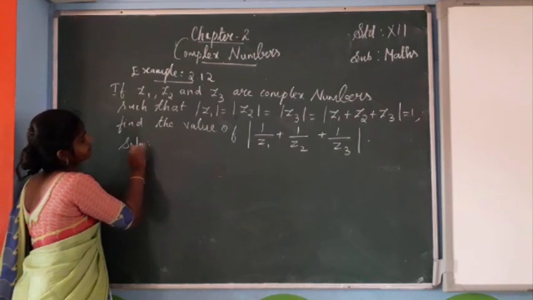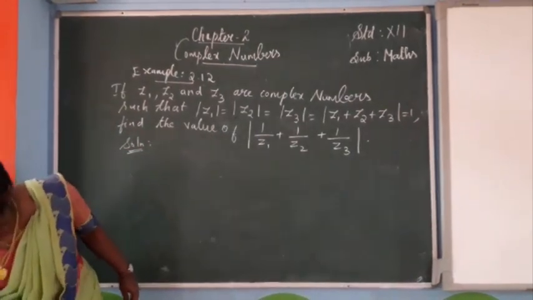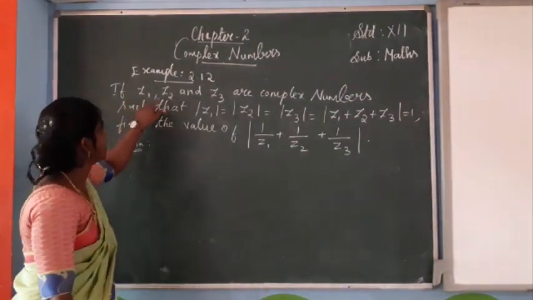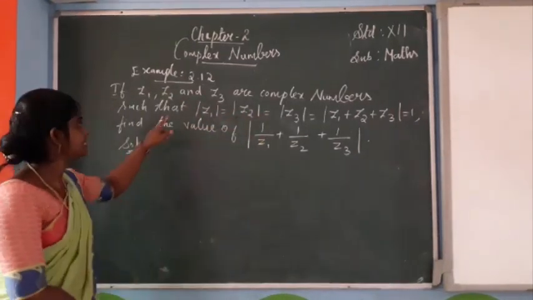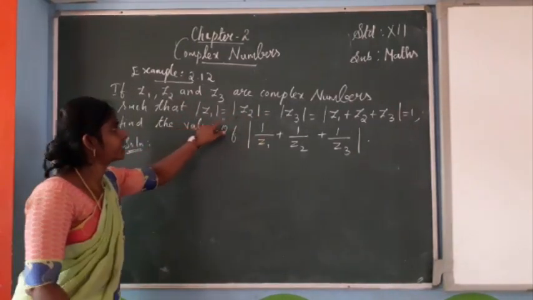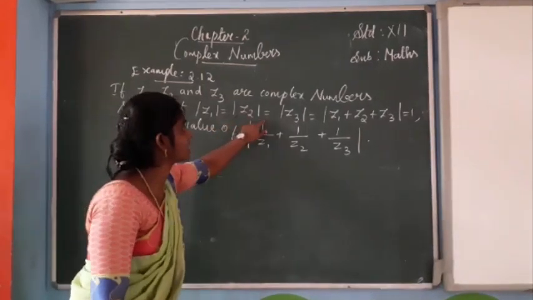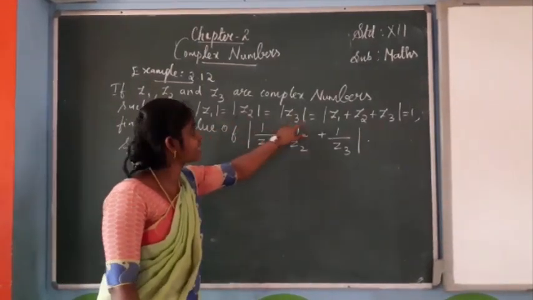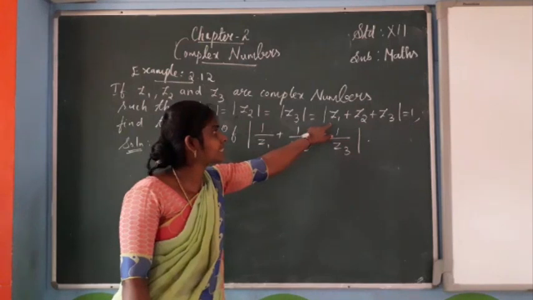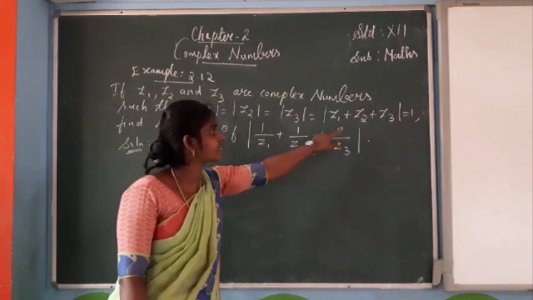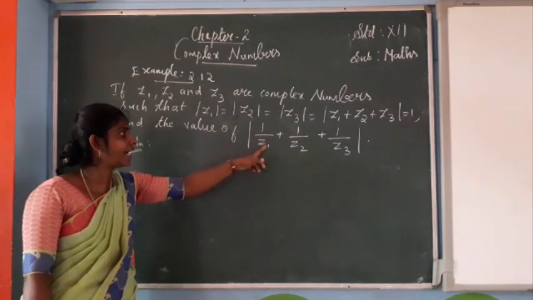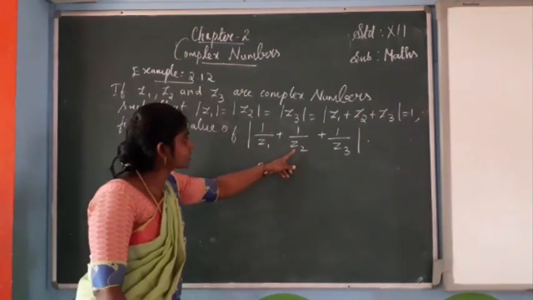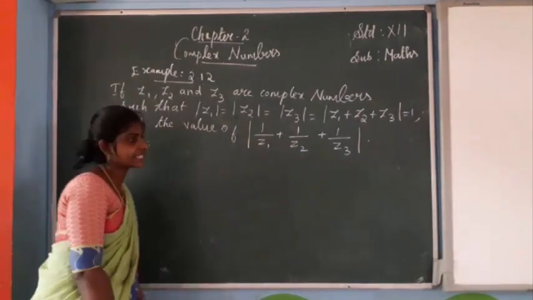Solution. So Z1, Z2 and Z3 are complex numbers such that modulus Z1 is equal to modulus Z2 is equal to modulus Z3 is equal to modulus Z1 plus Z2 plus Z3 is equal to 1. We have to find the value of modulus 1 by Z1 plus 1 by Z2 plus 1 by Z3.